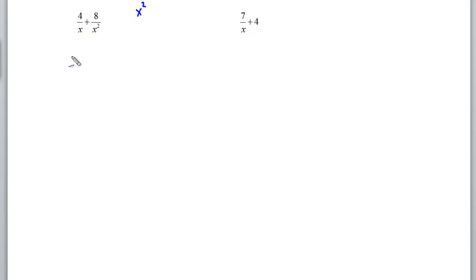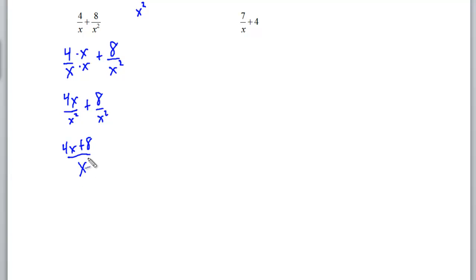So some of you might want to think about the multiple method, where I multiply 4 times x to get this equal to x squared, and this is already 8 over x squared. So this is 4x over x squared plus 8 over x squared. So my answer is 4x plus 8 over x squared.